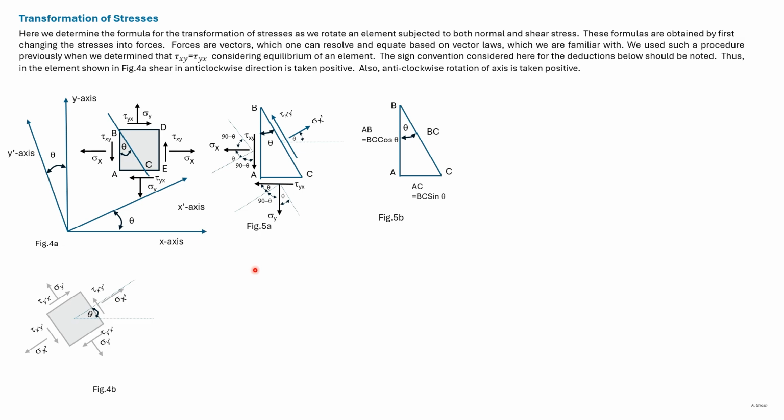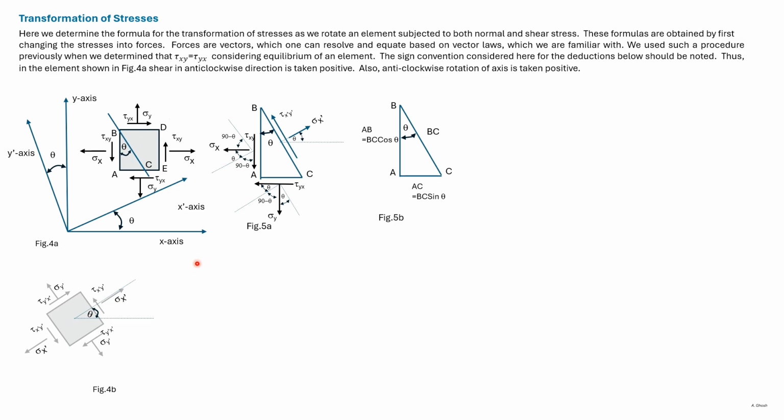As earlier mentioned, relationships between stresses are obtained by first converting them into forces. So we convert the stresses into forces and then use equilibrium equations. In chapter 1, we showed that the magnitudes of tau xy and tau yx are equal.